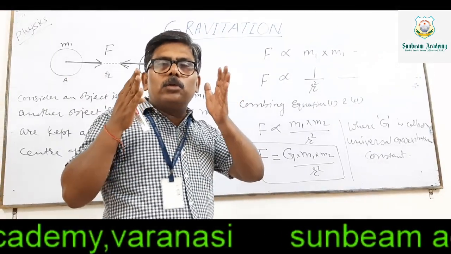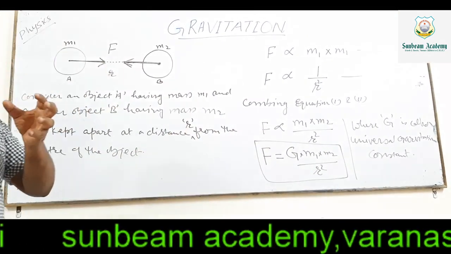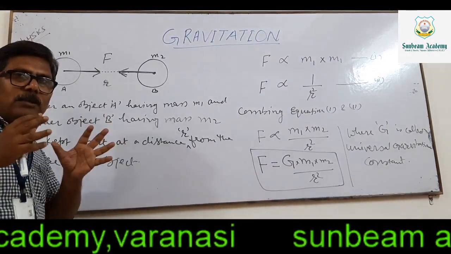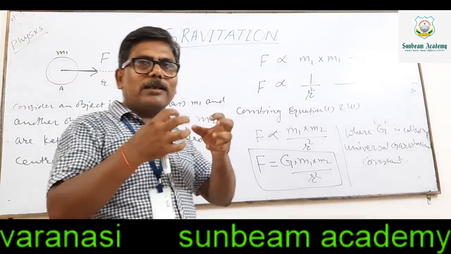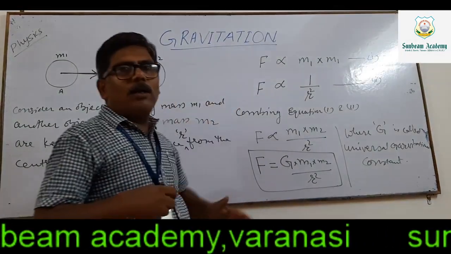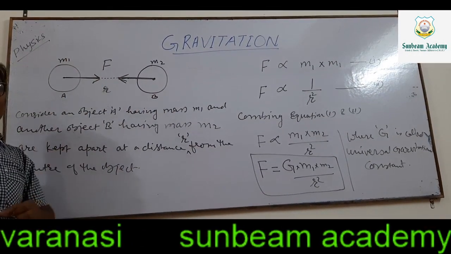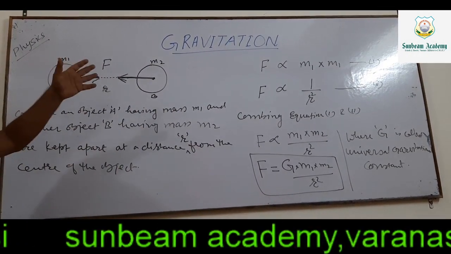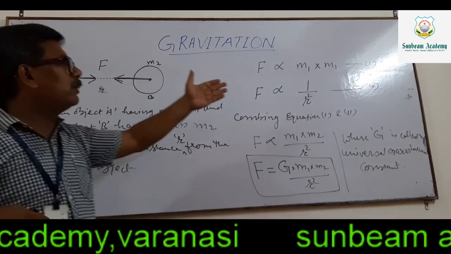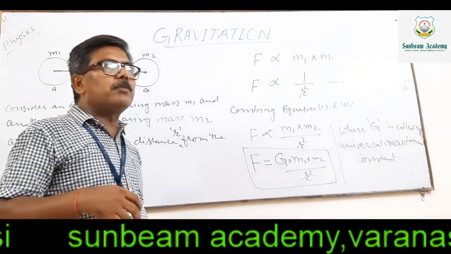Means यूनिवर्स में एक वस्तु दूसरे वस्तु को कुछ बल से अपनी ओर आकर्षित करता है. ये नहीं कि वो रिपल्सिव फोर्स, अट्रैक्शन फोर्स ऑफ अट्रैक्शन है, and that force of attraction is directly dependent upon the masses of the two objects, product of their masses, and also inversely proportional to the square of distance between them.